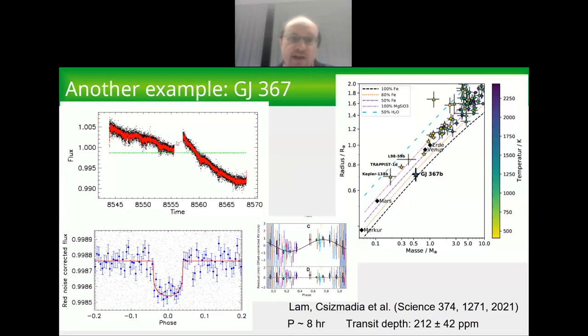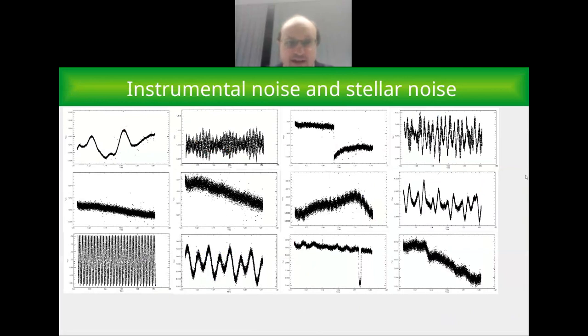So the talk will be about how to reproduce the noise in the data, how to model it and how to subtract it from the light curves, because we have a lot of instrumental and astrophysical noise sources. Here I collected just a few examples from the Kepler Q1 light curves.